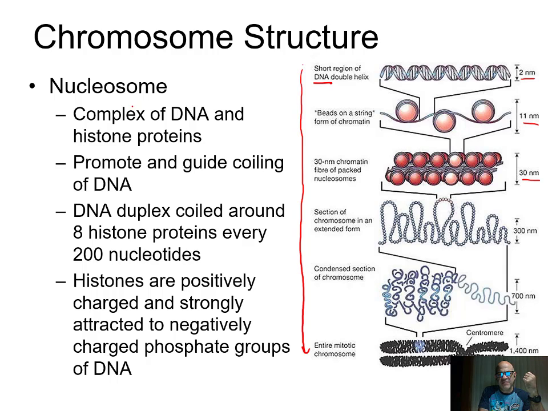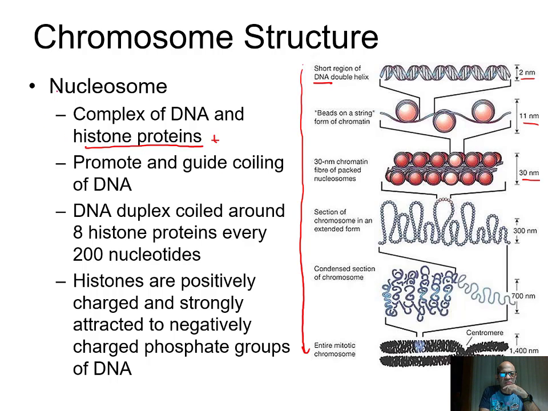So the DNA itself is going to be complexed with proteins called histones. This is a group of proteins called histones. They have a positive charge to them, and that's attracted to DNA, which carries a negative charge. So when the DNA combines with the histones, it's going to wrap around them almost two full times, about 1.7 times or so.